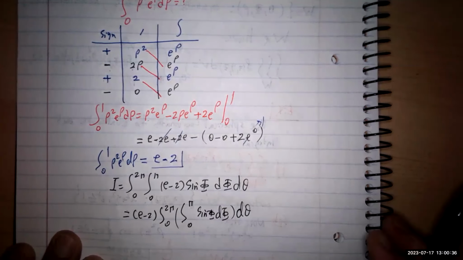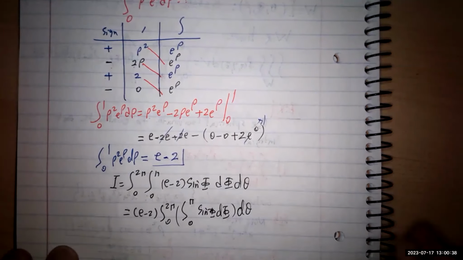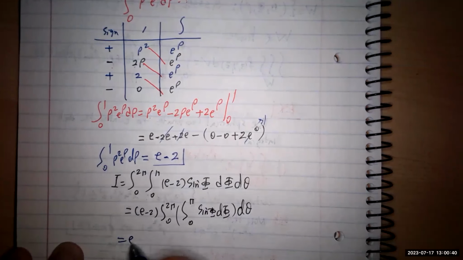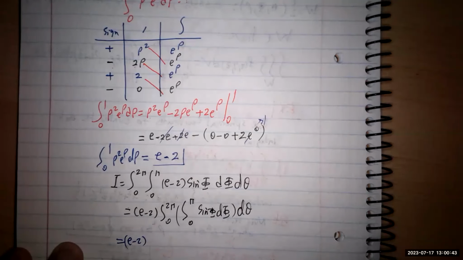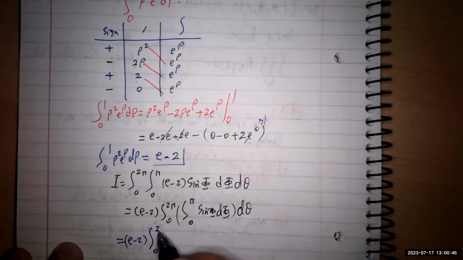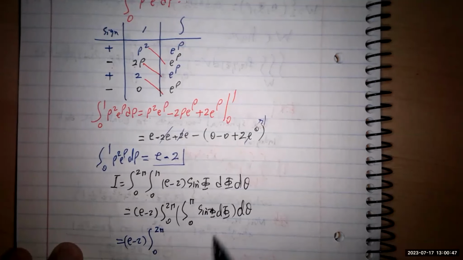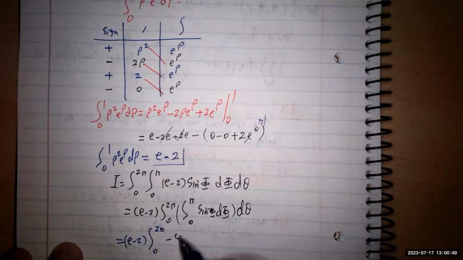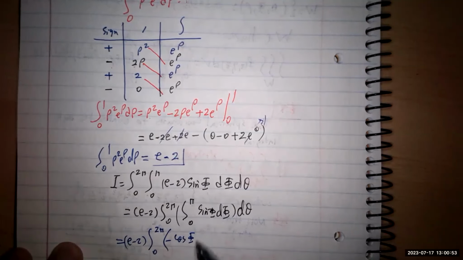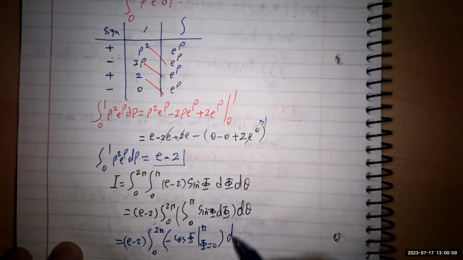Okay, integral of sine of the phi would be a negative cosine. So that gives you e minus 2 integral from 0 to 2 pi. Okay, then you get the negative cosine of the phi, when the phi is going to be from 0 to pi. Then when we're done, d theta.